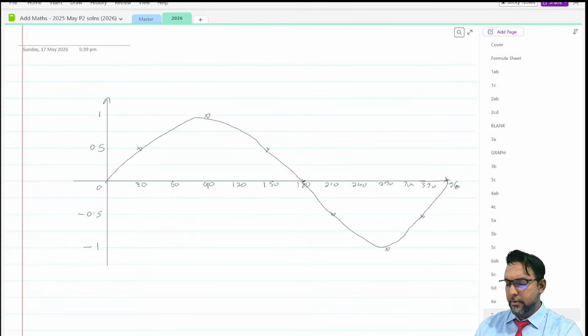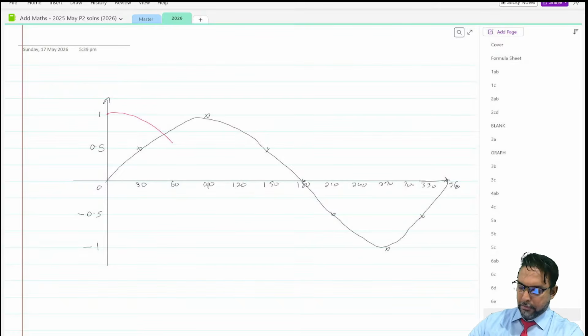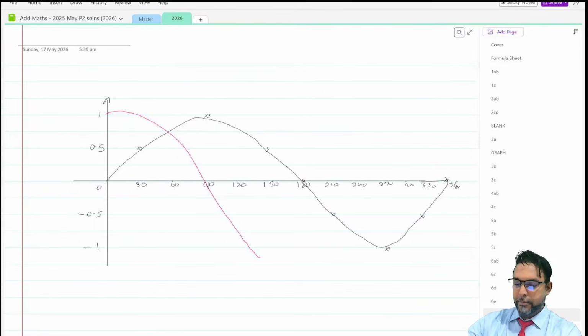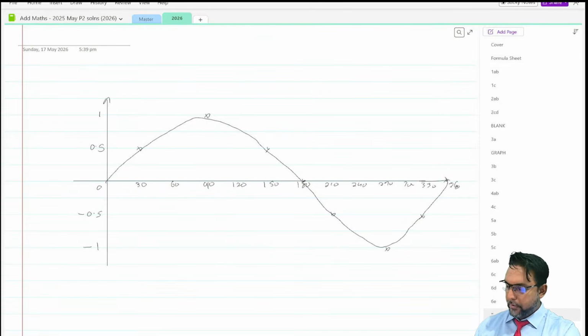Cos of 90 is 0, right? Where does it come back up to the axis again? At 240. Sorry, my brain's zoning out. At what value is sine equal to cos? 45. Okay.